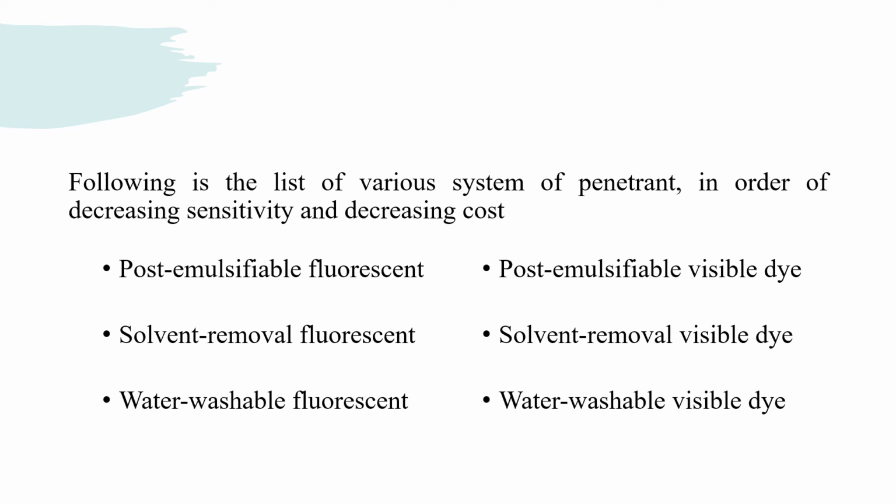Third one is water washable fluorescent. Fourth one is post emulsifiable visible dye. Fifth, solvent removal visible dye. And the sixth one, water washable visible dye. So one group is fluorescent and the second is visible dye.